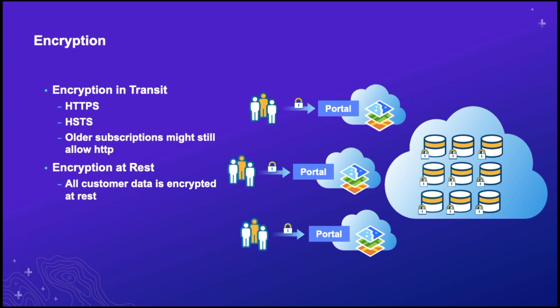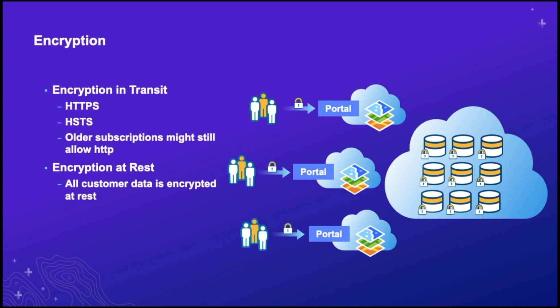We've supported HTTPS for a very long time, and added not too long ago HSTS, which is a way to tell the browsers to always use HTTPS for any URLs on a particular domain, even though maybe your bookmarks are pointing to HTTP. So we support HTTPS and HSTS.